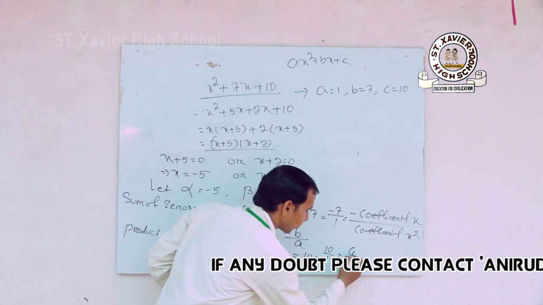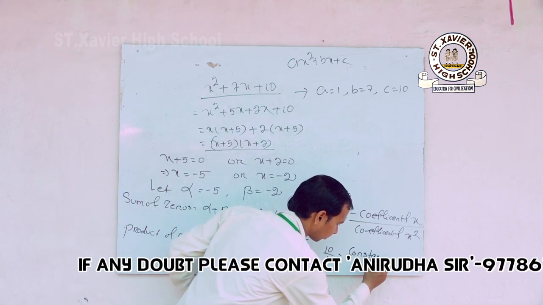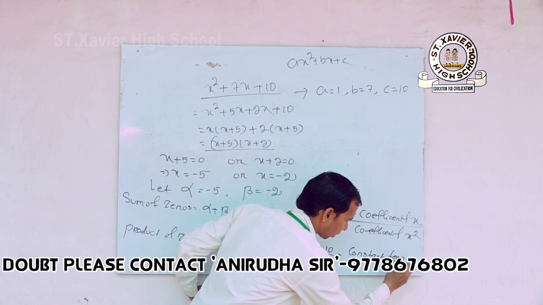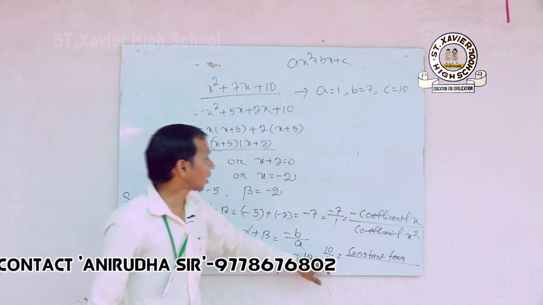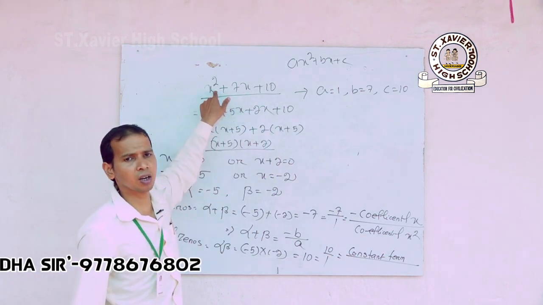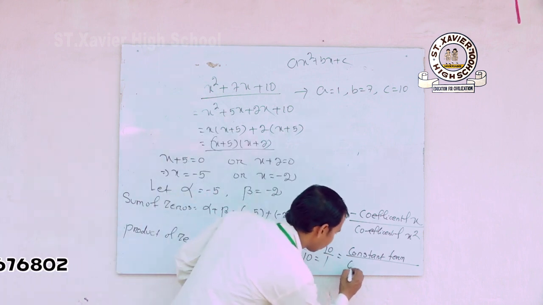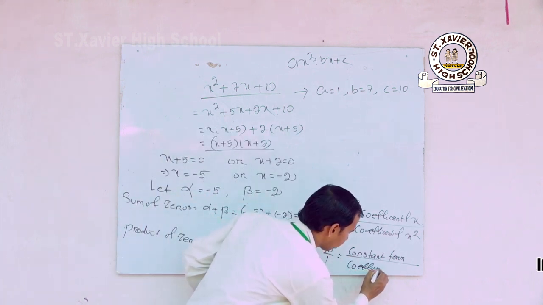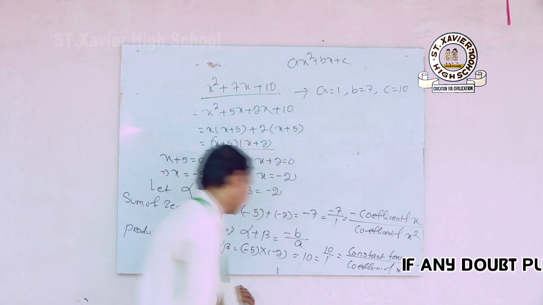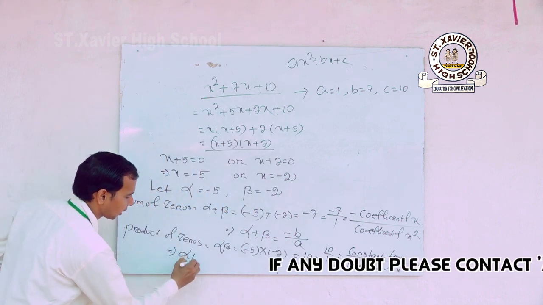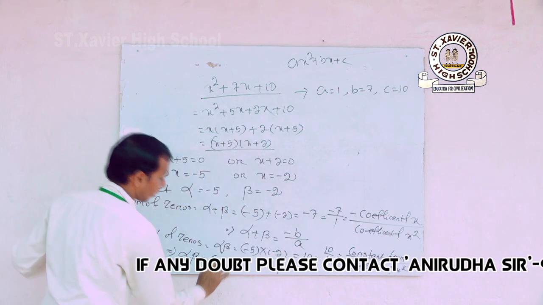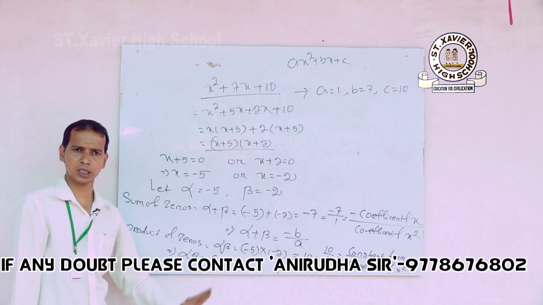So you write here constant term by 1. 1 is the coefficient of x square. Okay. So coefficient of x square. That means alpha beta equal to c by a. Alpha beta equal to c by a.